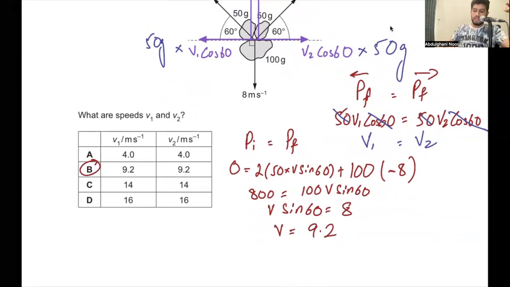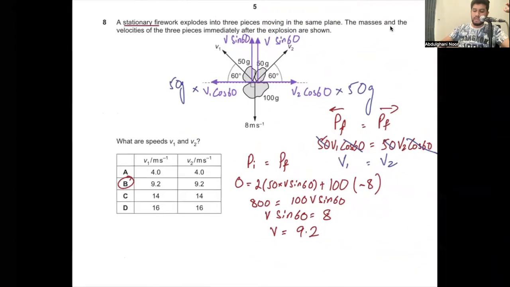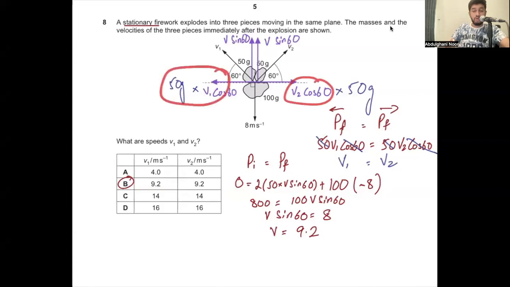अच्छा, I'll just repeat the first step. पहला step क्या था कि हमने या तो option से देख लेना था, ठीक है? You either look at the option and come to the conclusion that V1 and V2 are actually the same thing. It's just V. They have the same value in all these cases, सही? Or you use the horizontal components of momentum to come to the conclusion that V1 is equals to V2.